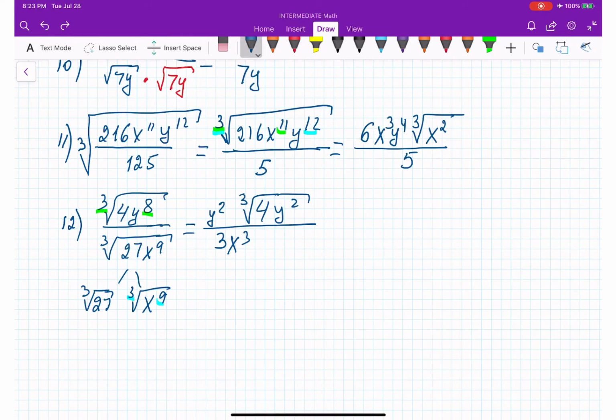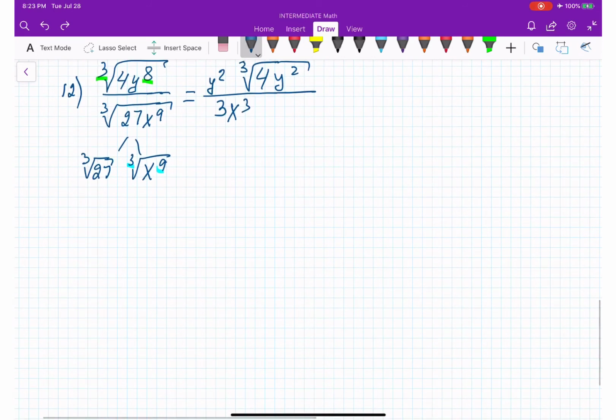Moving to next one, problem number 13. So we get square root 3 over square root 21x. Okay, there is no square root from 21, there is no square root of x.